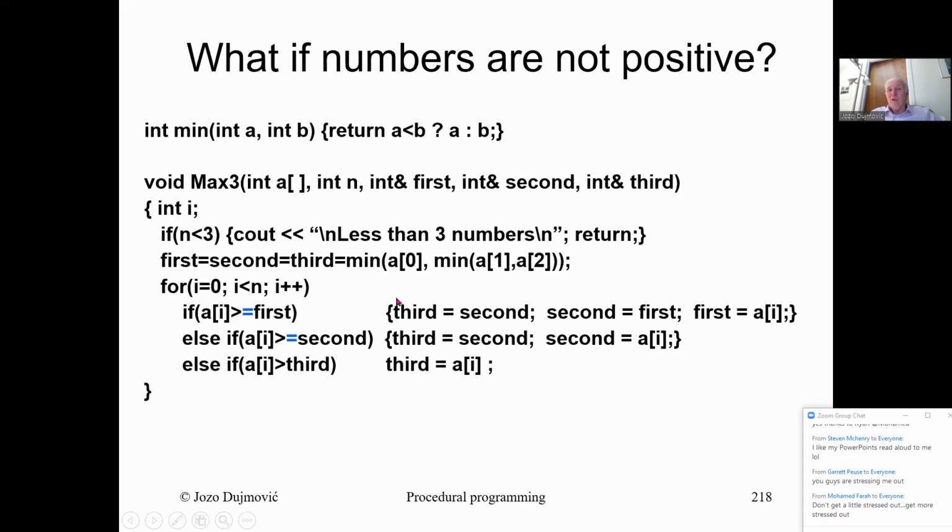So you can also make the program that has a minimum function, and then you put in the first, second, and third the minimum of these three numbers. So when you go from there, you can, in this case, have a little shorter program and do the same thing as here.